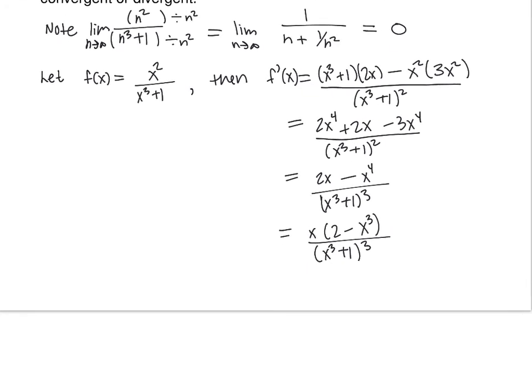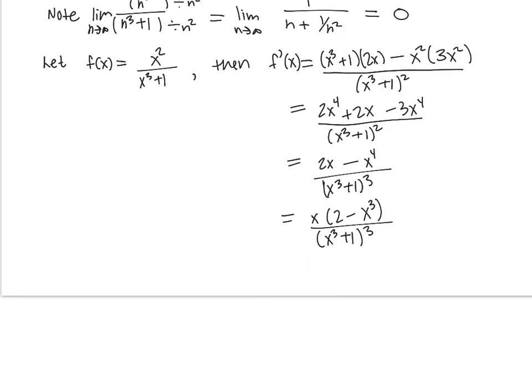So for series, we only care about positive x's because we are only adding up these things when there are positive n's plugged in. So this will be less than 0 if this term, that 2 minus x cubed, is negative. And that is true so long as your x is bigger than the cube root of 2. If that is true, your terms are decreasing.